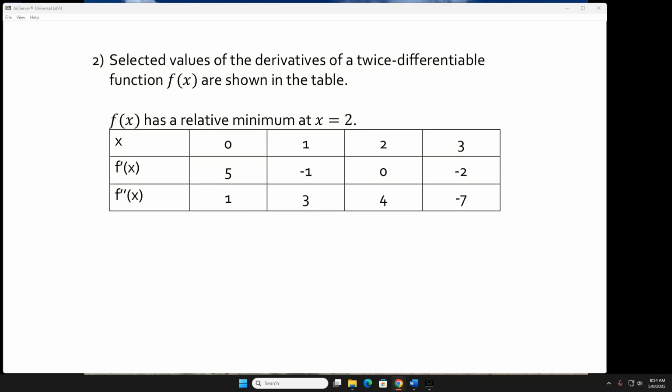Selected values of the derivative of a twice differentiable function f are shown in the table. We want to know true or false: f has a relative minimum at x equals 2. Discuss that with your partner, see if you can figure it out.